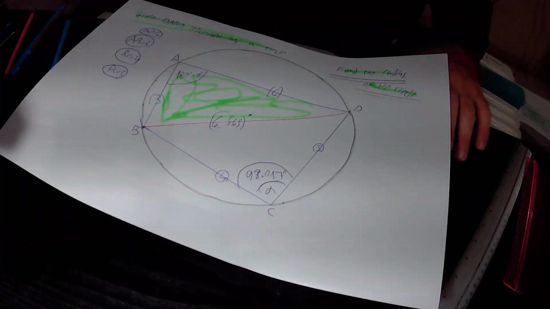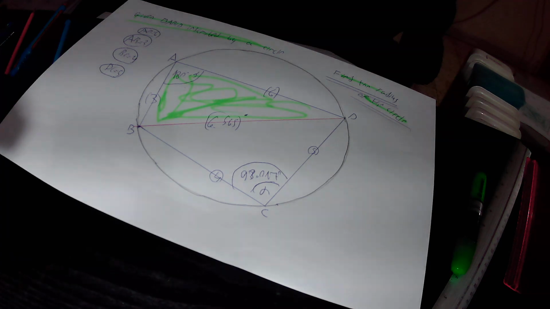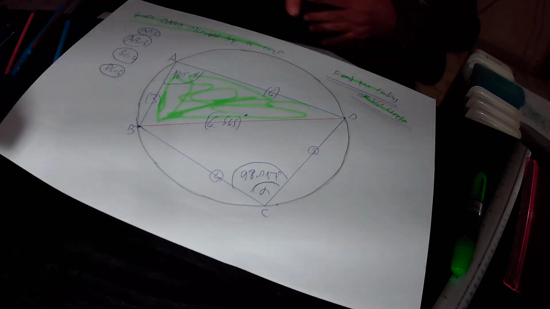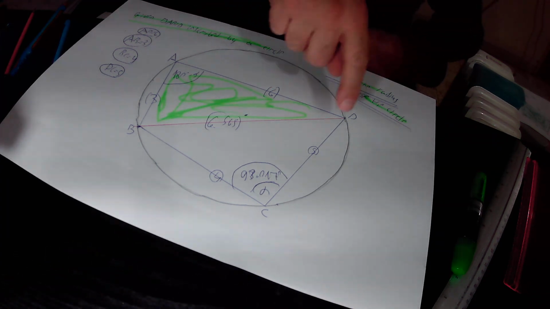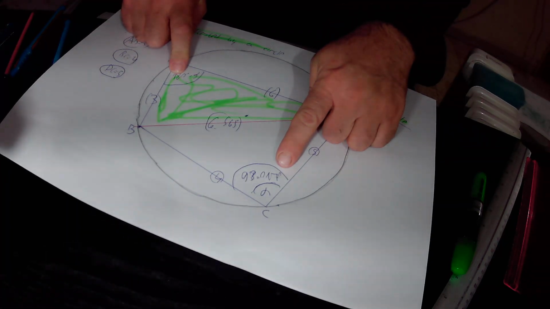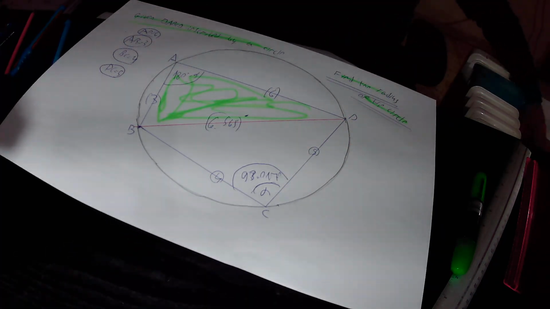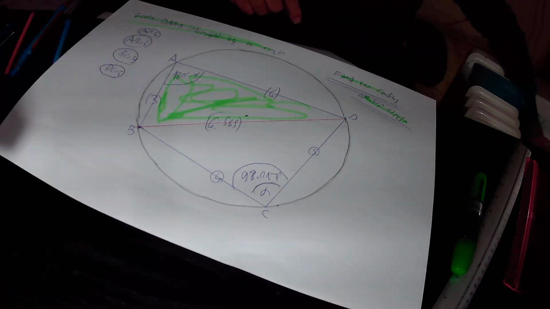So first of all, we define this angle as alpha. Quadrilateral ABCD is of course a cyclic quadrilateral, therefore the sum of those opposite angles must be equal to 180 degrees.